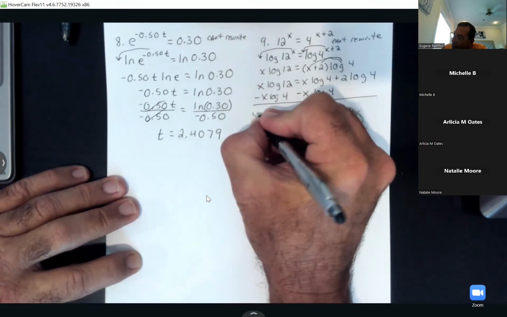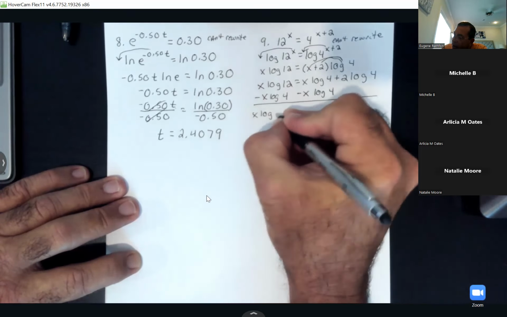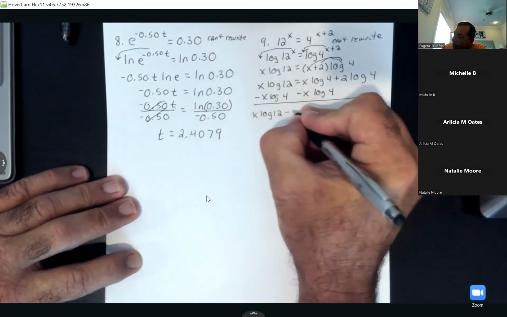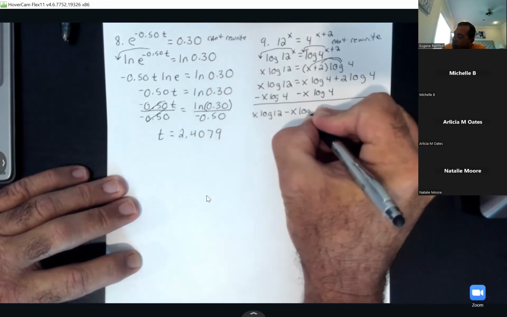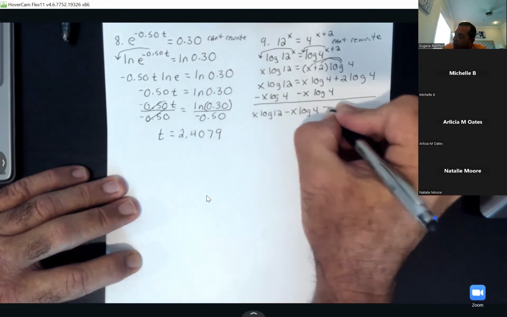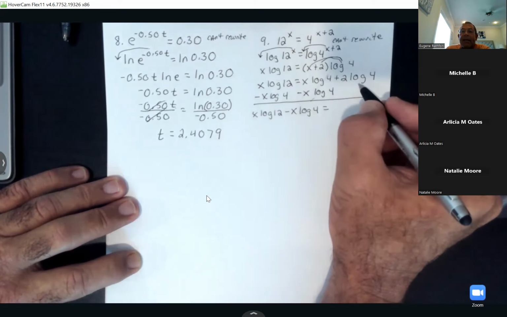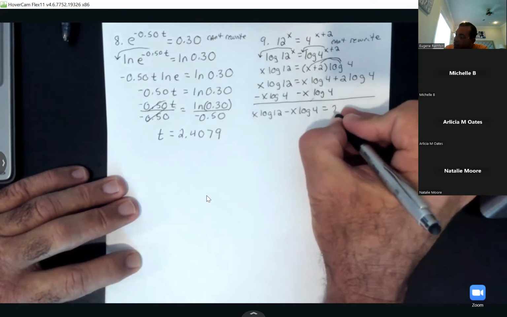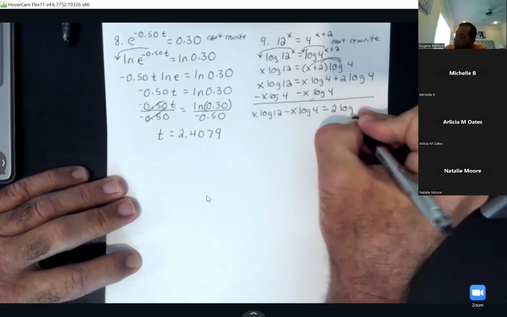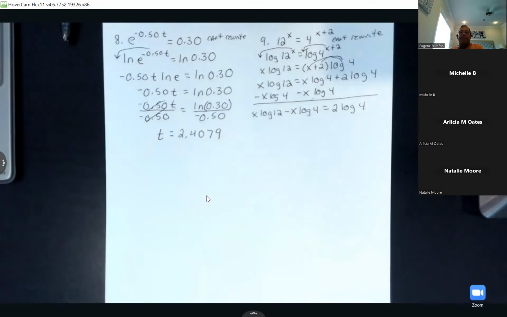So that's going to give me an x log 12 minus x log 4 equal to, well, if the x log 4 is canceled on the right side, on its left is the 2 log 4.